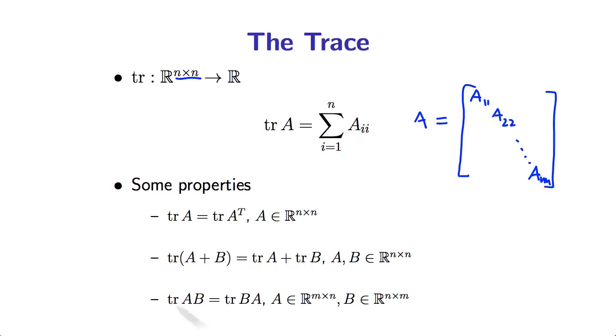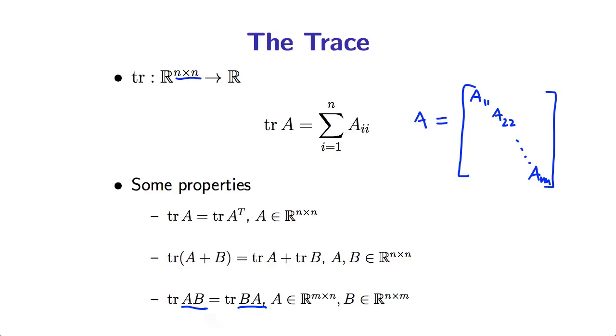And finally, the trace of A times B equals the trace of B times A. This property is less obvious, and in fact this even holds if A and B are different sizes. So here A is m by n, and B is n by m. Now they have to be the right size so that both these two products, A times B and B times A, are square, because the trace is only defined for square matrices.